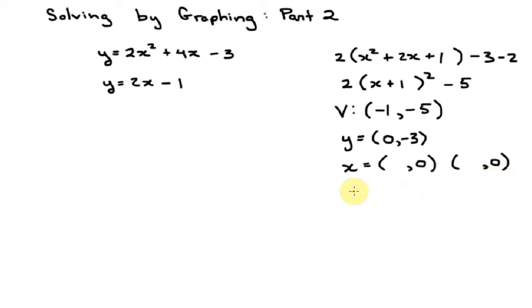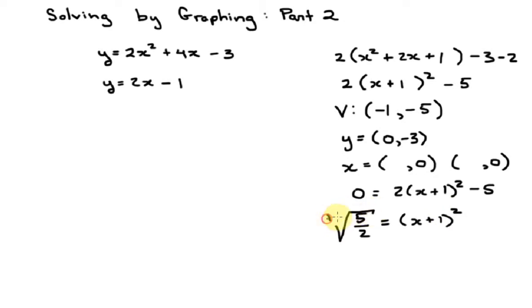We're going to put in a 0 for the y, and that leaves us with 2 times x plus 1 all squared minus 5. So bring that 5 over and also divide by 2. That'll get rid of the 2 that's in front. And lastly, I'm going to square root both sides.